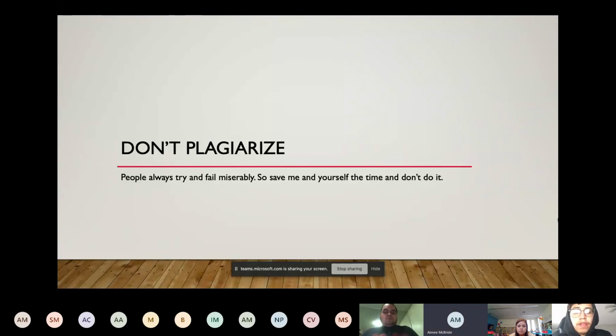Please don't do that. If you don't know how to properly use quotations or cite a source, then ask me for help, go to the writing center, do something. Don't get caught plagiarizing, because that means you're going to be in trouble with the whole college and you might actually be in jeopardy of losing your college admittance. So don't do that, please.